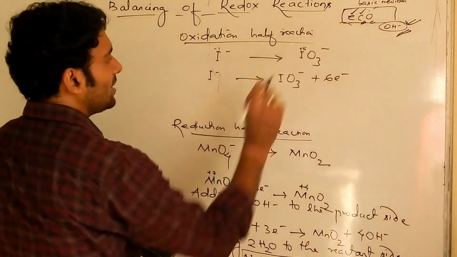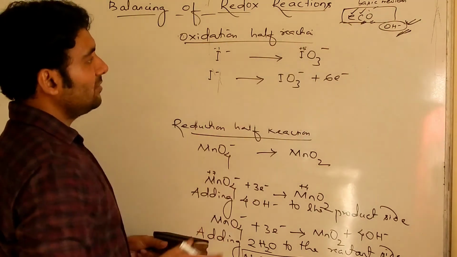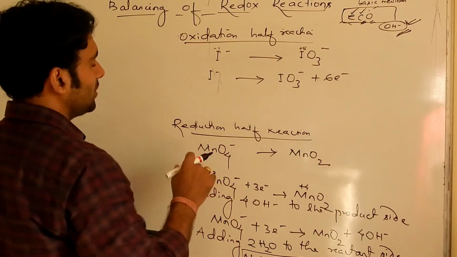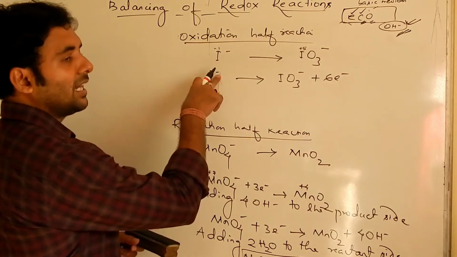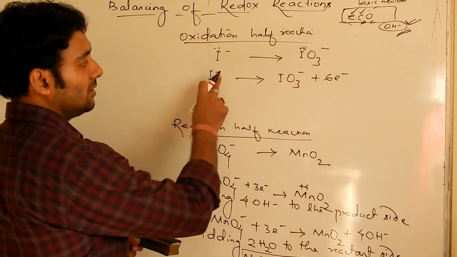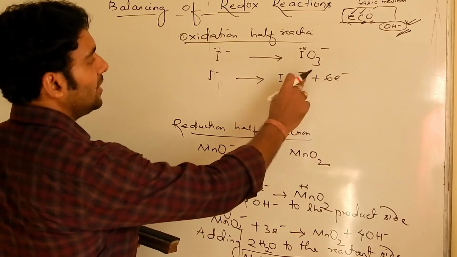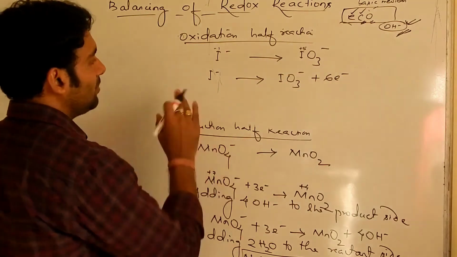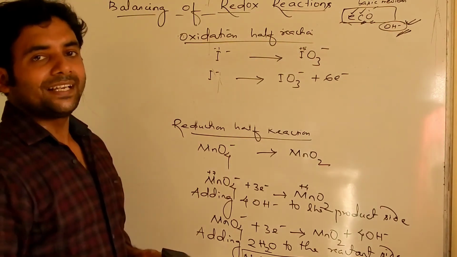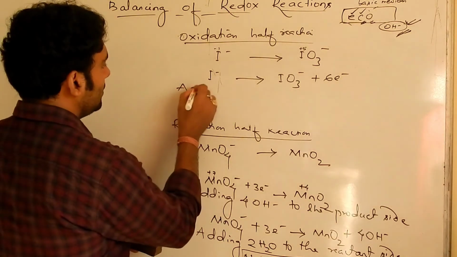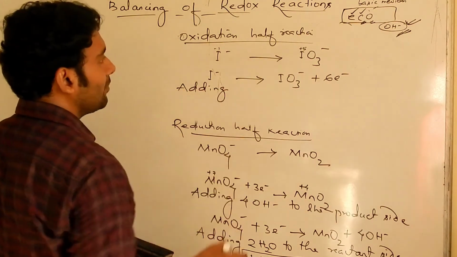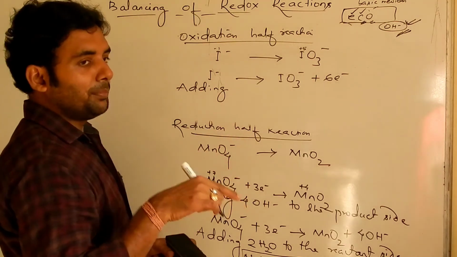So the electron is balanced, then balance the equation by charge. See the charge on the left hand side, there is 1 negative charge. In the product side there is 7 negative charge. So that means the reactant has a deficit of 6 negative charges. To balance the charge we have to take the help of OH minus, because it is in basic medium.